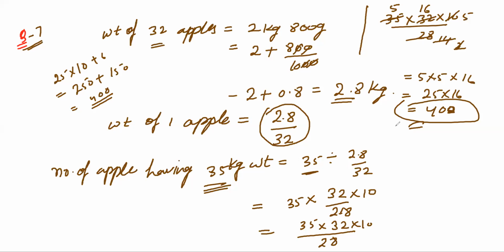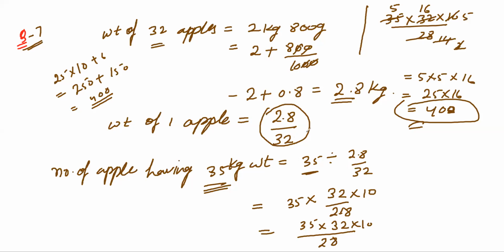Okay. Now let me repeat this question again. The weight of 32 apples was 2 kilogram 800 grams. So we have converted it into kilogram, which is 2.8 kilogram. Now we will find the weight of one apple. In order to do that, we will divide 2.8 by 32.